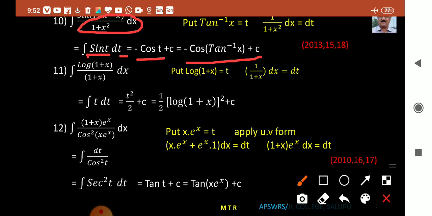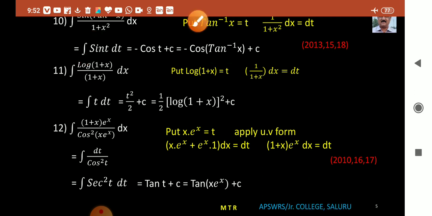Okay. Now another problem. Evaluate integral log 1 plus x by 1 plus x dx. Here directly, the derivative of log x is 1 by x. So the derivative of log 1 plus x is 1 by 1 plus x. Okay, so we put this log 1 plus x as t.